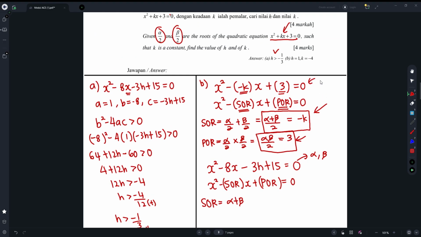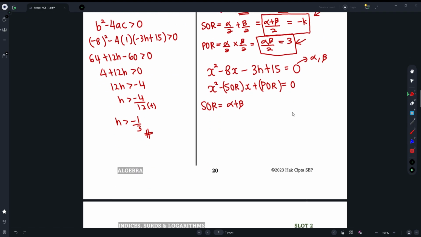Only for this equation, the roots are alpha over 2 and beta over 2. There are two different equations. Please take note. So the sum of roots are alpha plus beta, which when you compare, it is equivalent to 8. So this serves as one of the very important information.